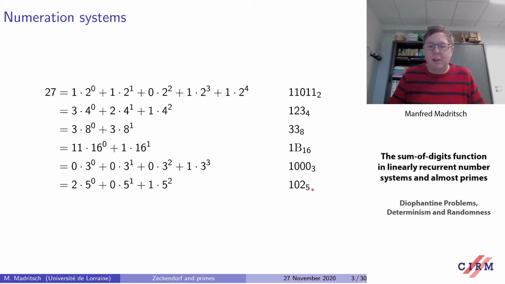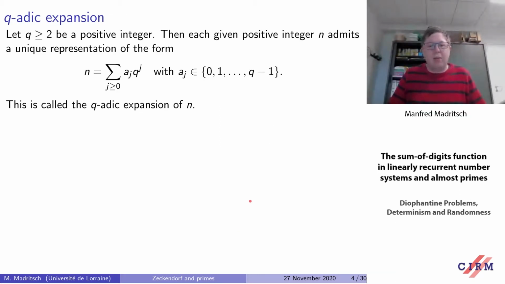And the question now is, can you do this in any base? Of course. I think you already learned this in high school: if you take a positive integer q, then you can represent every other positive integer n in a unique way as a sum of digits times the powers of q.